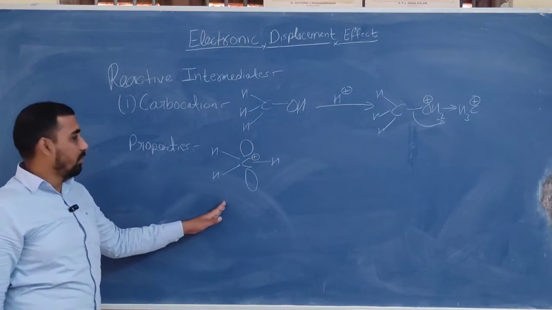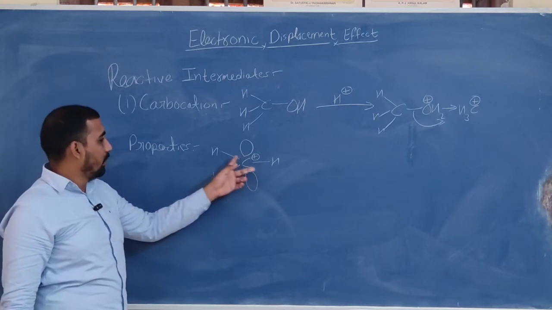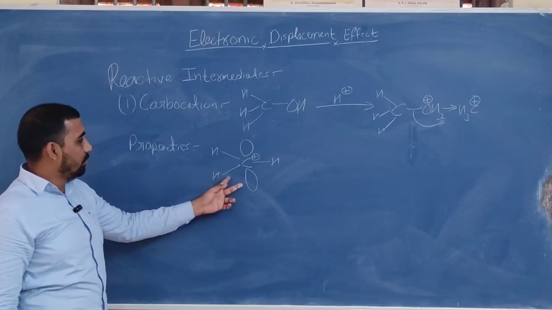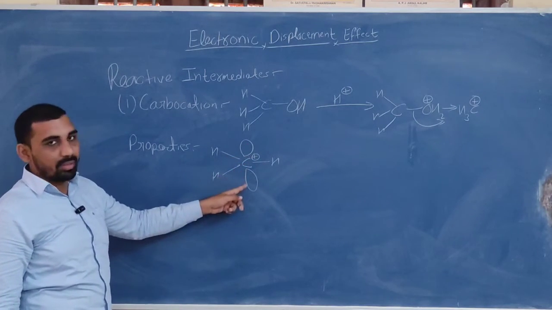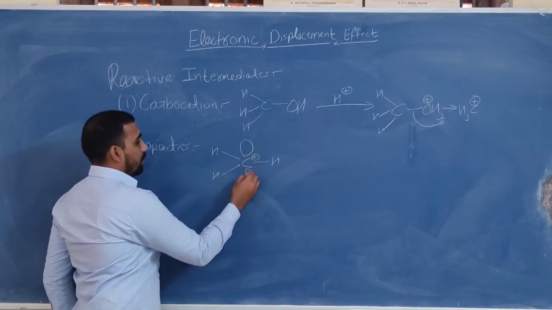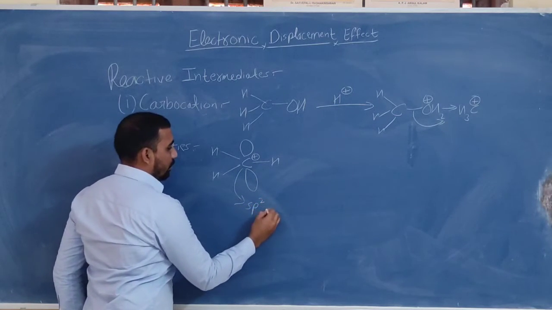This is the structure of a carbocation in which there are six bonding pair electrons, two in this bond, two here, two here. Total six bonding pair electrons, and one vacant p orbital is there. The hybridization of this carbon is sp2.